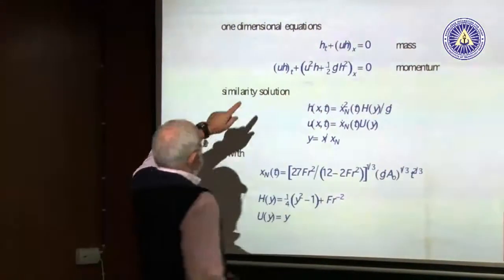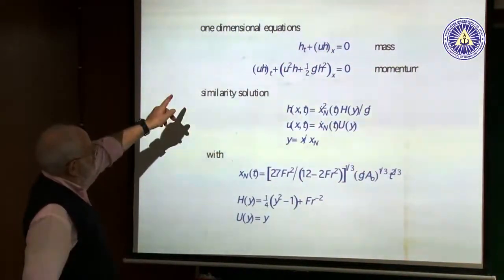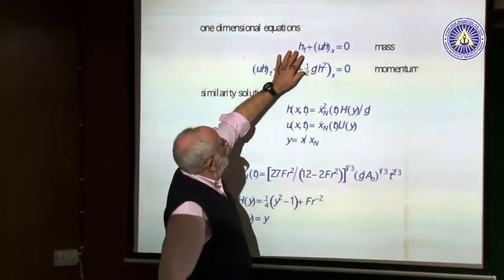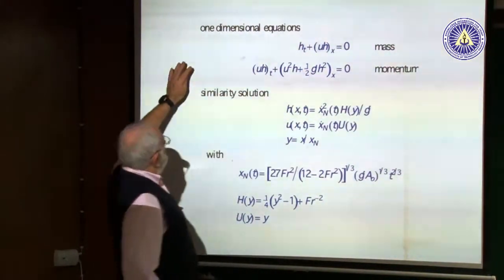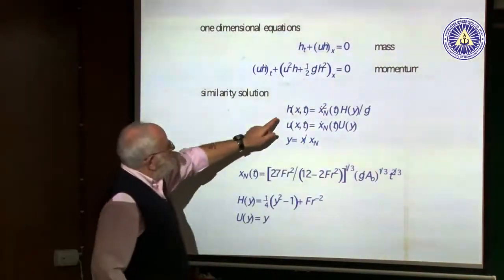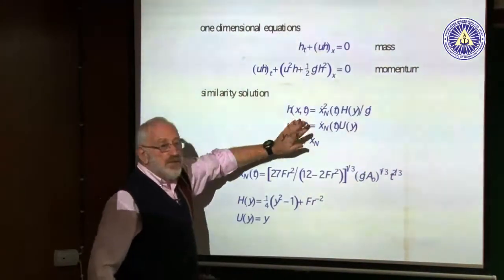What we can do instead is to write down the mass equation and the momentum equation. We've written these before. This is the momentum incorporating the mass equation. And you can get a similarity solution this time. You write down the height as a function of position and of time, so it's not a box model.